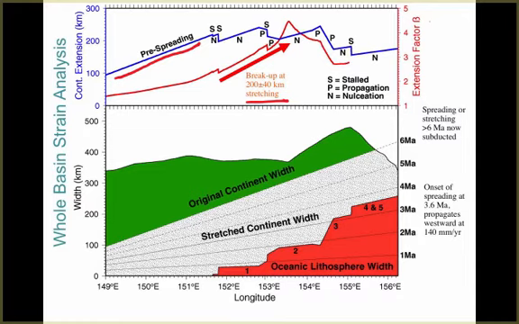And then we see several places along the system where we have nucleation of a new spreading center, and many places where there's propagation of the spreading center, and places along the system where we also see stalling. So it's a stop and start kind of process. It's not a smooth transition from continental crust to oceanic spreading center.